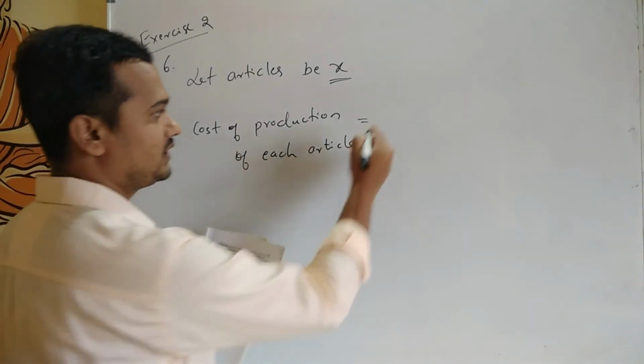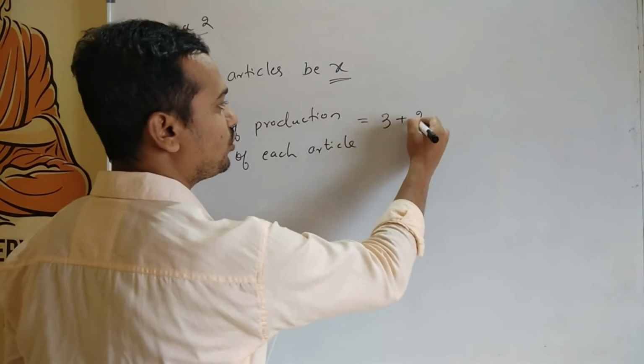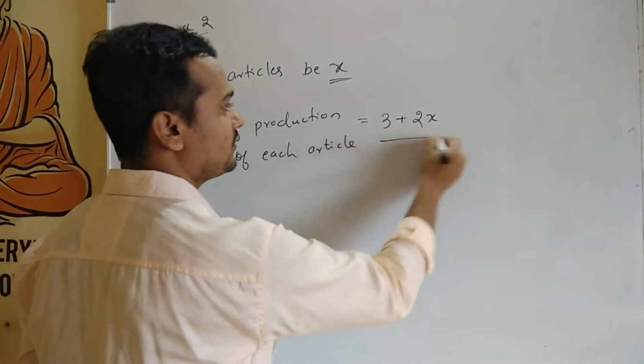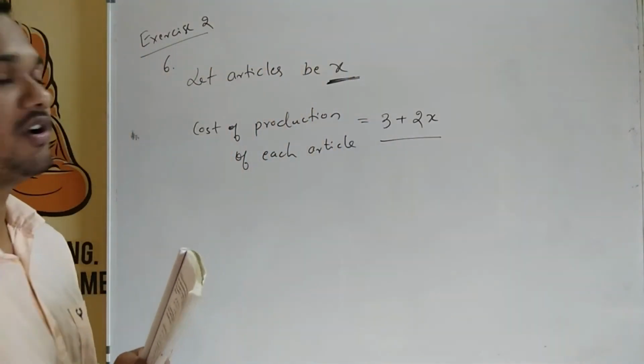Just write whatever is given. 3 more than twice the number of articles produced on that day. So this is the cost of each article, and this x is the total number of articles produced on that day.